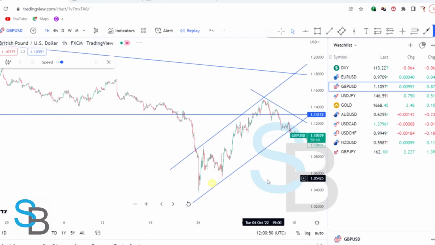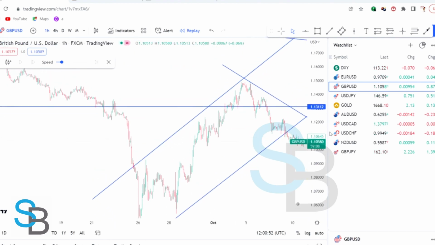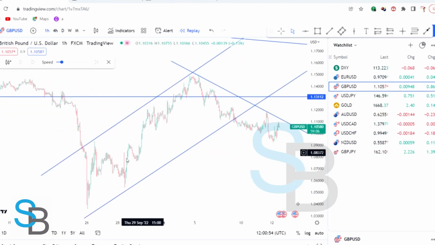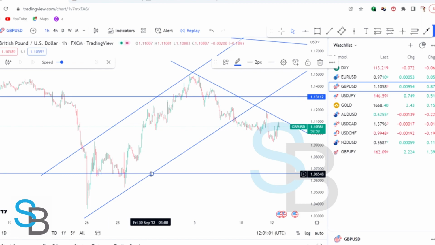Let me take an example. Let's assume we enter a trade here, hoping that the market will continue buying. That's on GBP USD.